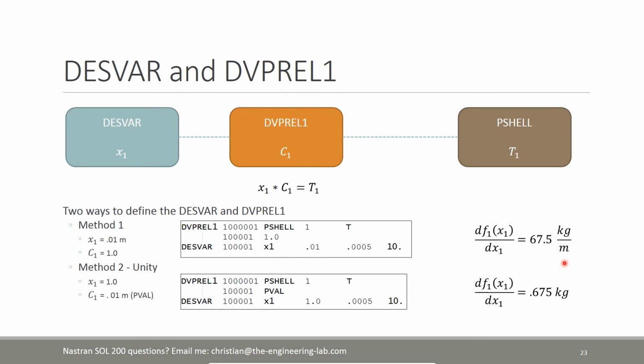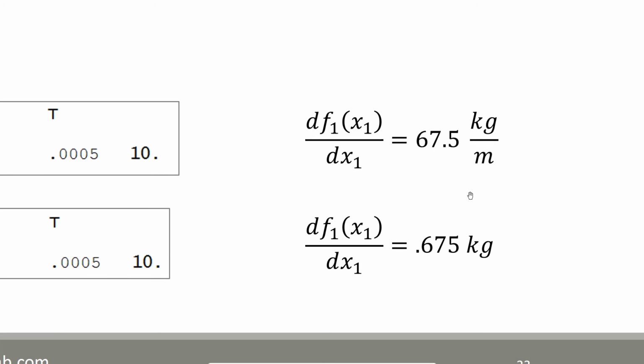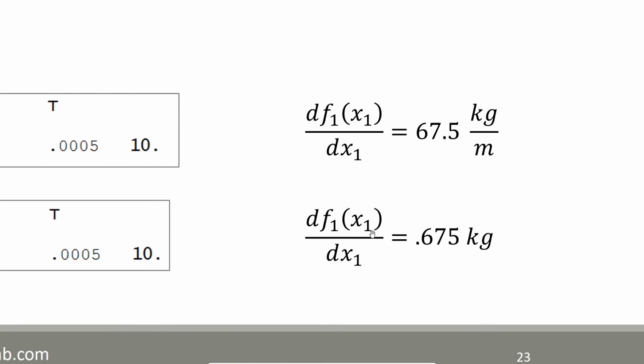This has a big implication because when you calculate your sensitivities, this is what happens. Here on the bottom right, I have an example of what the new sensitivity coefficient will be. Before, with the absolute sensitivity coefficient, we found that the partial of f1 with respect to x1 is 67.5 kilograms per meter. Keep note of the units. With this new method, this is creating your normalized sensitivities with respect to the denominator.